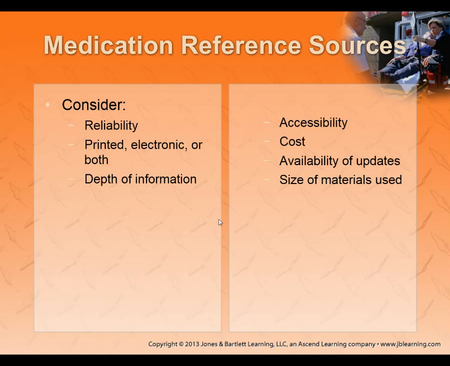Maybe Farxiga, which I'm just thinking about because it's been on TV a lot lately, may be a tier 3 medication, and the patient may have to pay $200 or $300 a month for that. And then maybe there's another medication that's brand new, and it's non-formulary. That medication might cost the patient $1,000 or $1,500 a month.